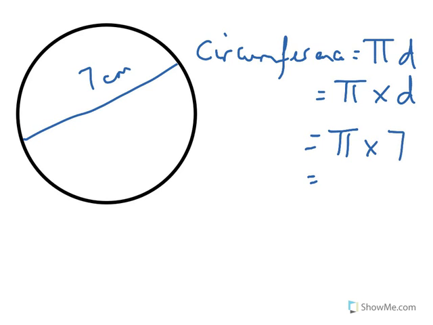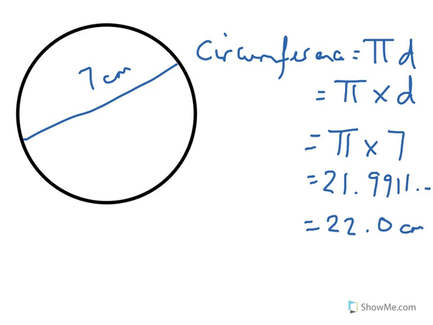And that would give you 21.9911 and so on. And to 3 sig figs, which they normally ask, this would be 22.0 centimetres, not centimetres squared, because we're not doing area this time, we're just doing the length of the circumference.